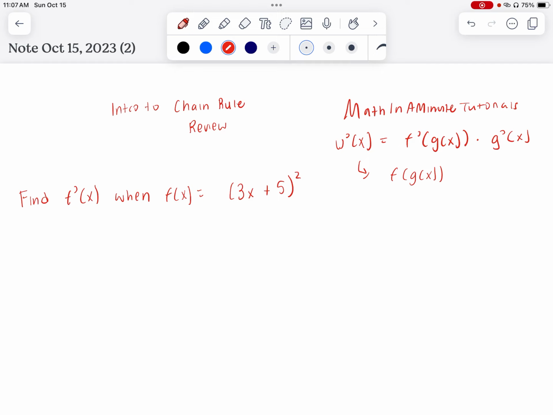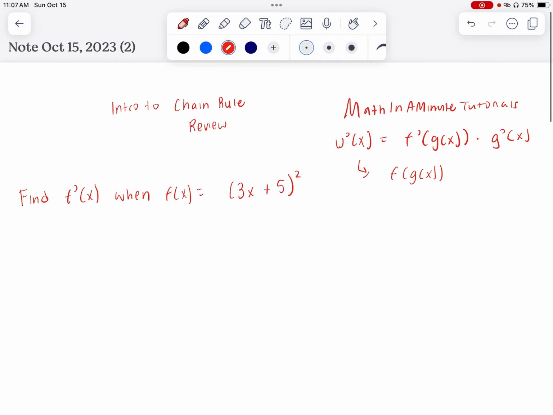According to this rule, we'll just have to find the derivative of this, which is first 2, dropping that down, times 3x plus 5, and obviously when you subtract 2 minus 1, it's just 1. So that's the derivative, but you also need to find the derivative of the inside function.